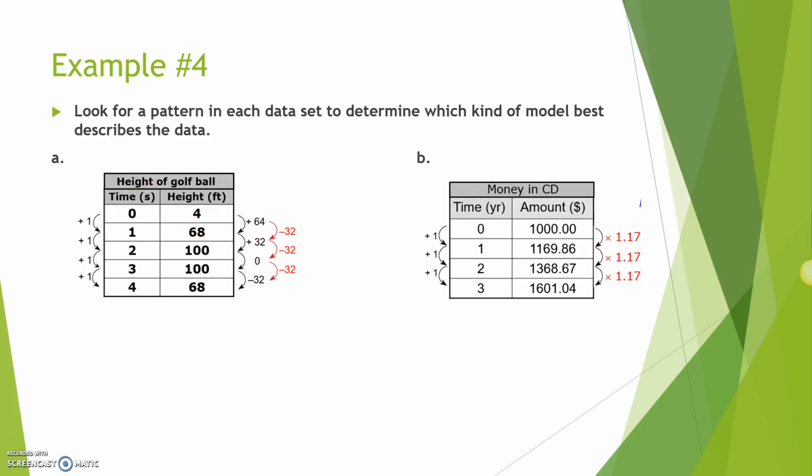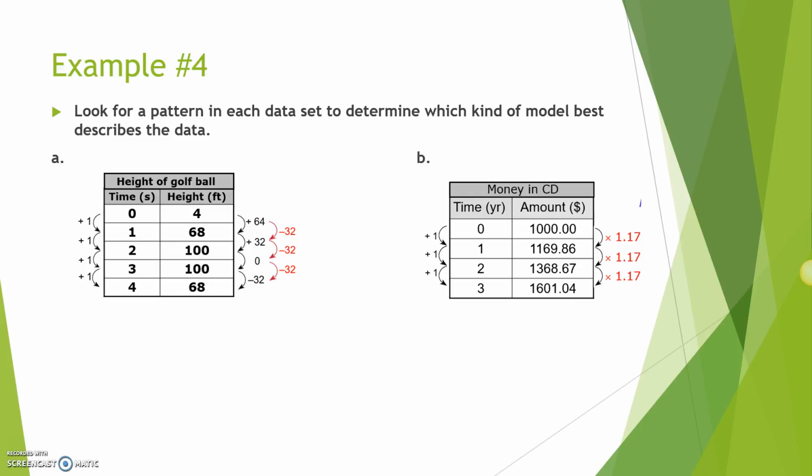Notice that my x values are increasing by a constant of +1. And then for my y, we're going to find the first difference. From 4 to 68, it gives me 64. From 68 to 100, that's 32. From 100 to 100, that's going to be 0. And then from 100 to 68, that's a -32.